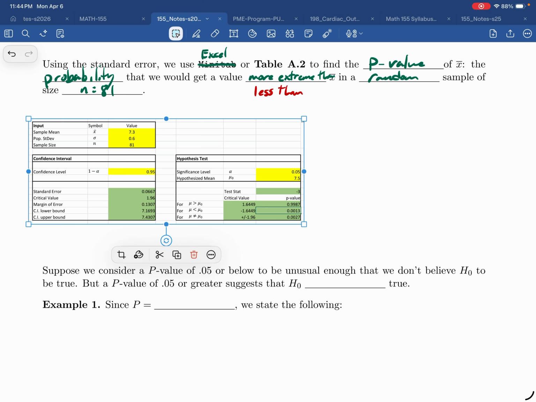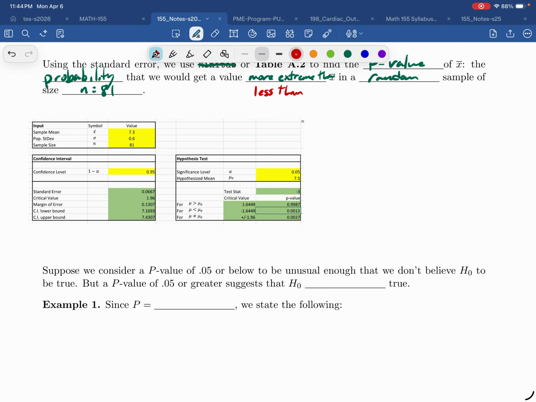And I'm going to just circle this in red right here. Maybe I'll even just circle this part right here. Okay.